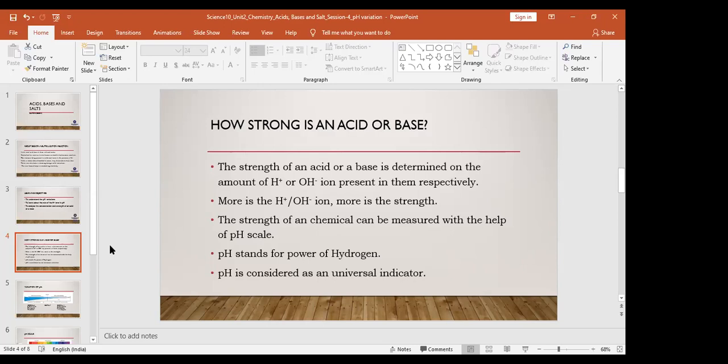The more the H plus ion, the more the acid strength of the solution, and the more OH minus, the more the strength of the basic solution. Correct. So basically we can say that the amount of H plus or OH minus ion is directly proportional to the strength of the acid or the base respectively.